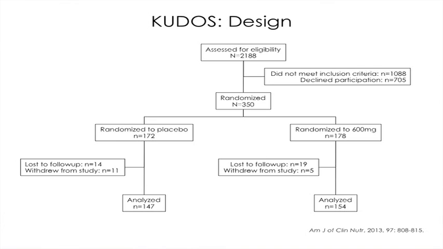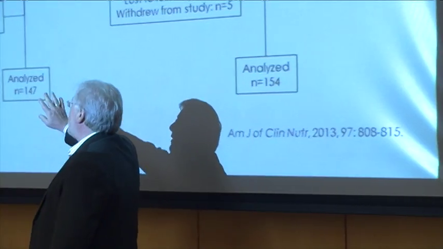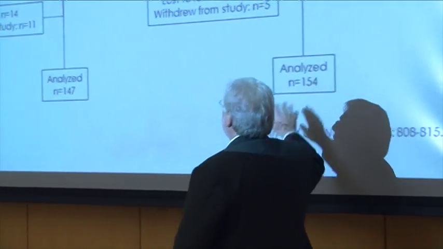This is the CONSORT diagram. Again, 350 moms randomized to either placebo or 600 milligrams of DHA. We were shooting to have 300 by the time we finished, and we were quite close to it. We're proud of this because about 80% of clinical trials fail to meet enrollment, and we hit it on time.